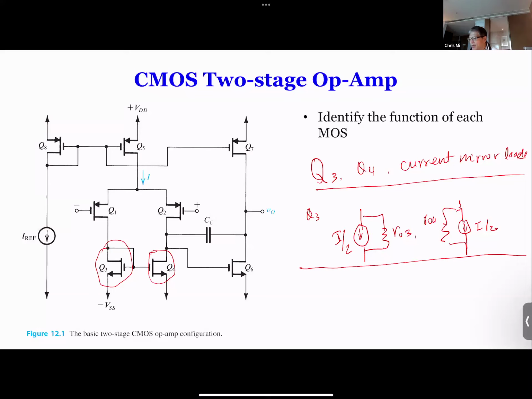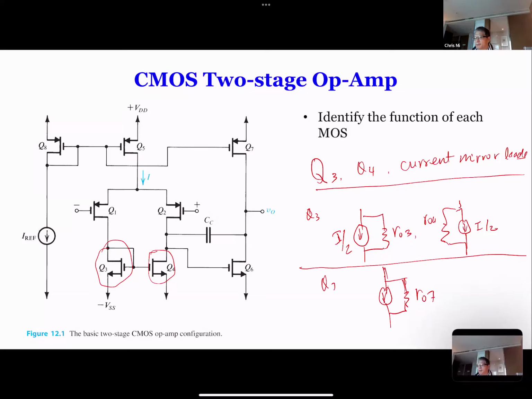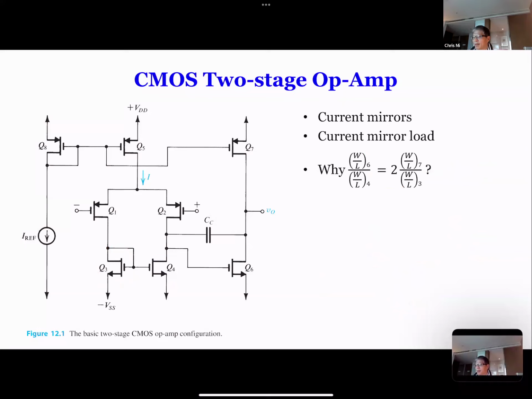Now, in the meantime, Q7 is a current source, a current mirror. Q7 can also be represented by a current source in parallel with its early resistance. So if you want to replace this whole circuit, we actually have a simple way to replace it. But here, let me look at the circuit.